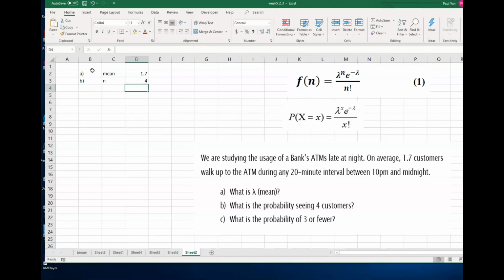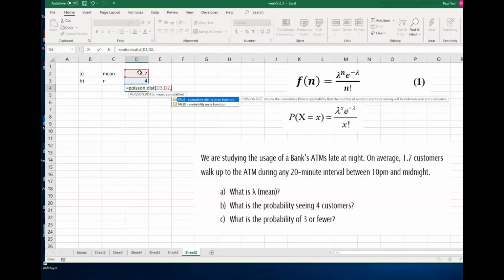Then what is our probability? The probability will be POISSON.DIST, the Poisson distribution. The first one is X, so it's our number 4, and the mean is 1.7, and the last one is false, because we are not looking at cumulative.